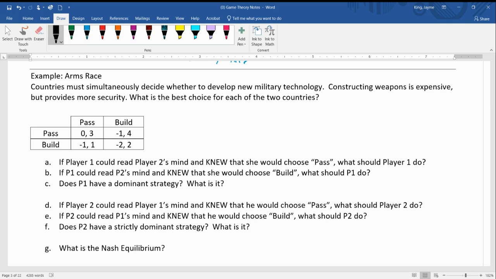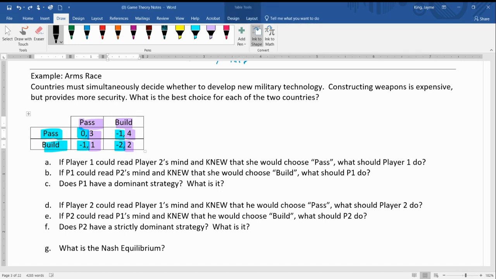So again, how I'm going through this, let me color code it first because that helps. I'm just disregarding these questions at this point and going through the same process. If I know that they're going to choose to pass, what is the better outcome? 0 is better than -1, so they should choose to pass.